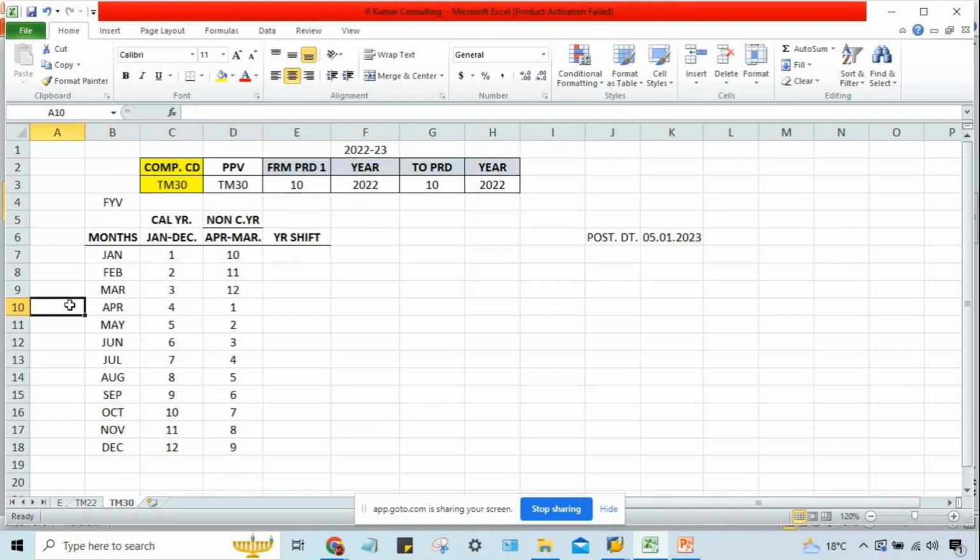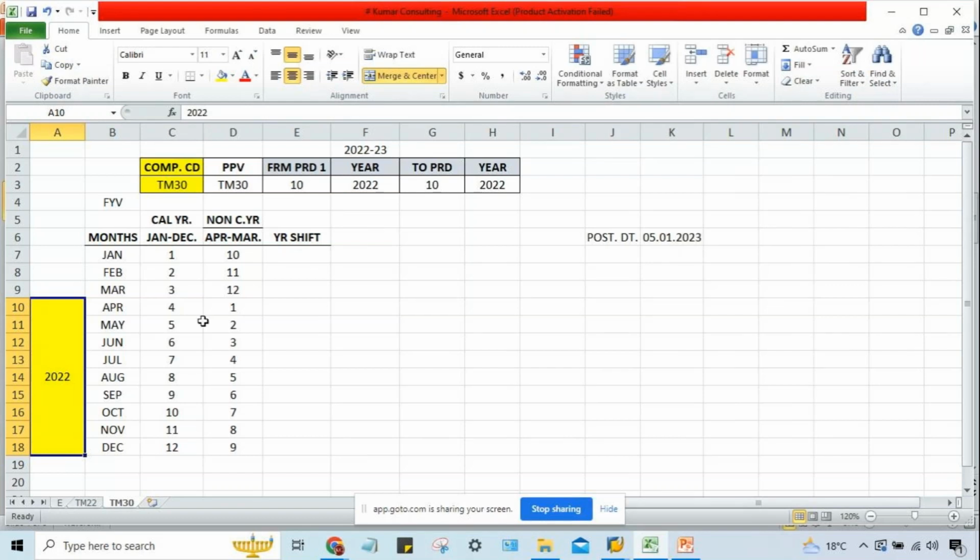So till here we are in 2022 as per calendar year. When we enter the dates from 1st of April till December 31st, everywhere the year will be 2022 itself, right?